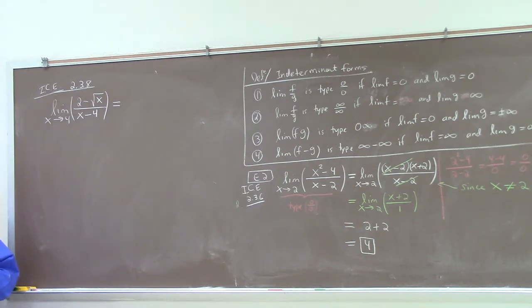No. Yeah, what happens when you plug it in? You get 0 over 0, don't you? Because we get 2 minus the square root of 4, which is 2. 2 minus 2 is 0. And downstairs we get 4 minus 4, which is 0.